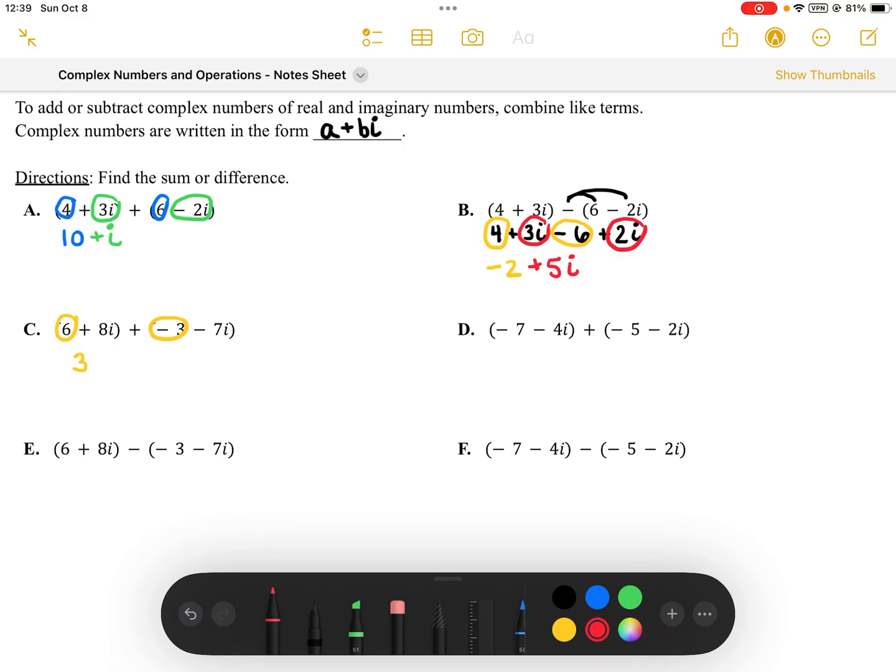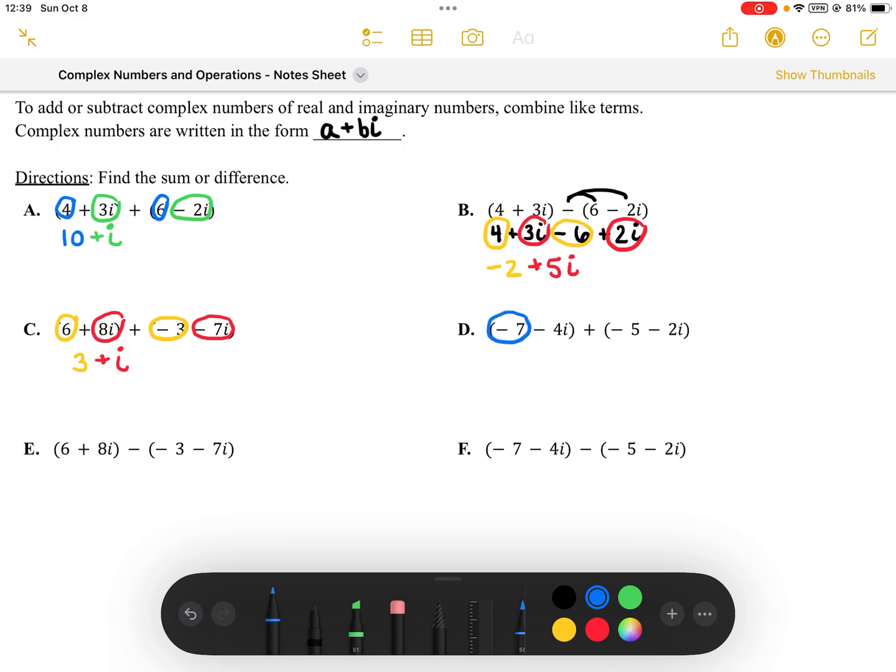That'll give me a positive 3. 8i minus 7i will give me 1i, or just i. So 3 plus i.